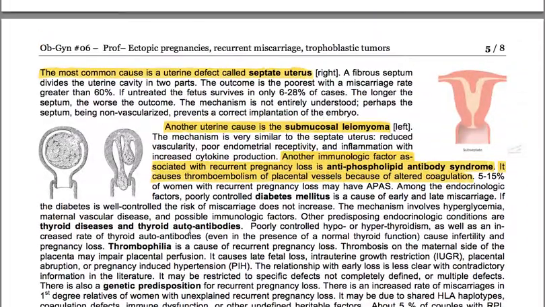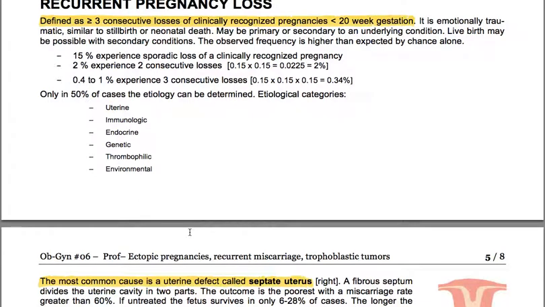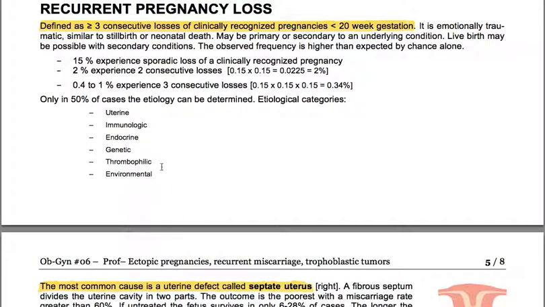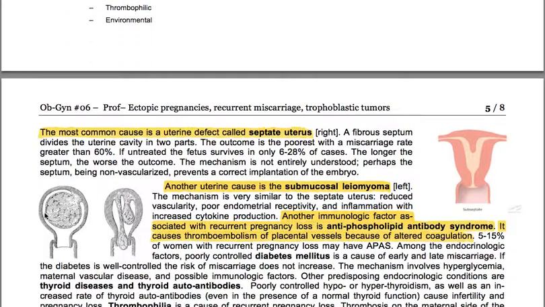So let's review the causes of recurrent pregnancy loss. They can be divided into 6 categories: uterine, immunologic, endocrine, genetic, thrombophilic, or environmental. The most common cause is septate uterus.